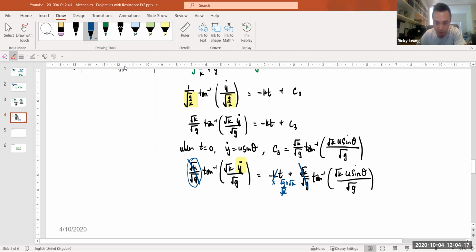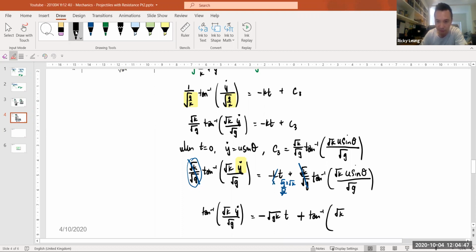So negative root, maybe both of them under the same square root, of gkt, to something that looks like this. So tan inverse of root k on root g of v equals minus root gkt plus tan inverse of root k times u sine theta on root g.